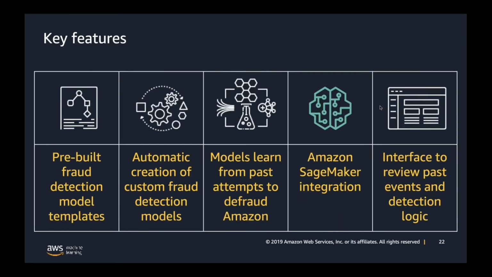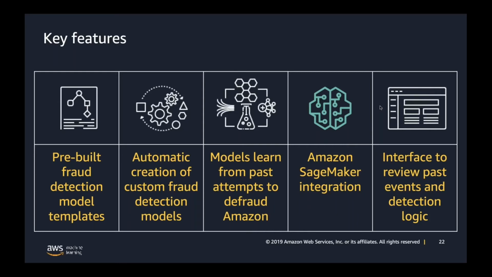So again, some of the key features here, Fraud Detector has pre-built detection model templates. And when we're talking about templates, we're talking about essentially different aspects of fraud that we've seen here at AWS and Amazon.com. And then from there, you get to build on top of that.